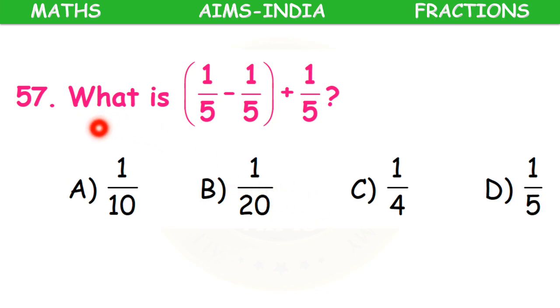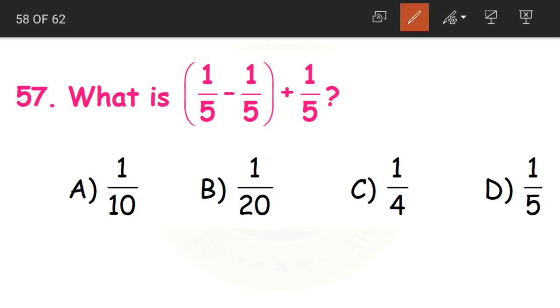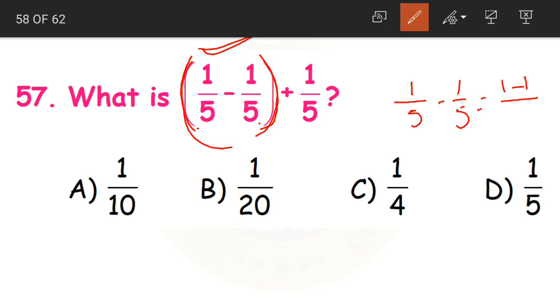Next question. What is 1 by 5 minus 1 by 5 plus 1 by 5? Now first we are having brackets here, right children? So that is why we need to solve these two first. 1 by 5 minus 1 by 5. How do we subtract? 1 minus 1 divided by 5. 1 minus 1 is nothing but 0 by 5.